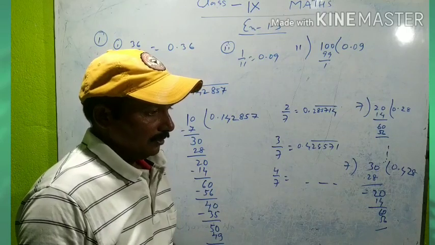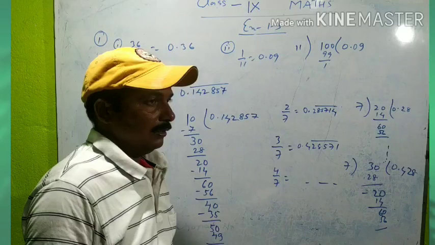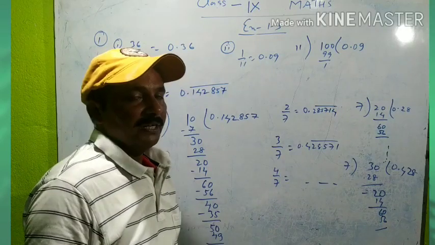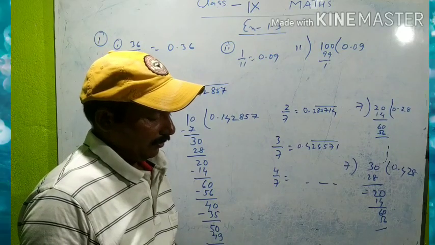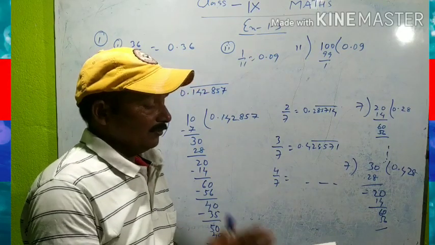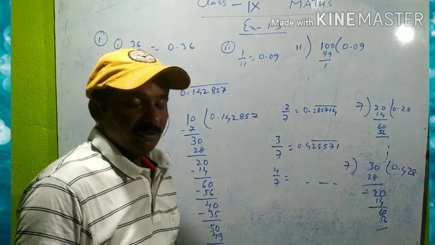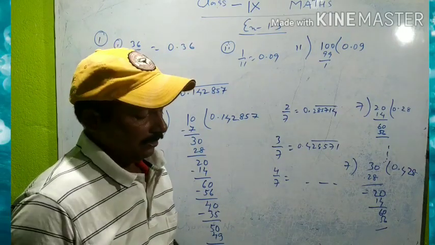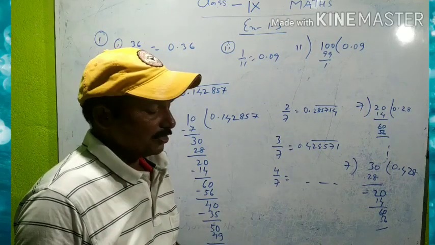Second, non-terminating and repeating decimal. And third, non-terminating and non-repeating decimals, which are known as irrational numbers. So first of all, you will convert the questions given in 1 into decimal form, and then try to find out what type of decimal expansions they have.